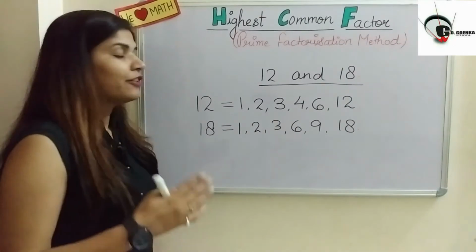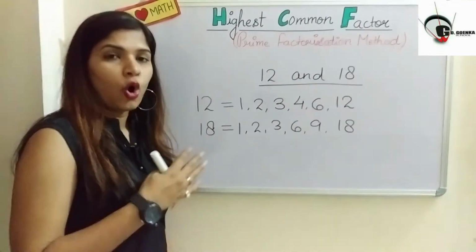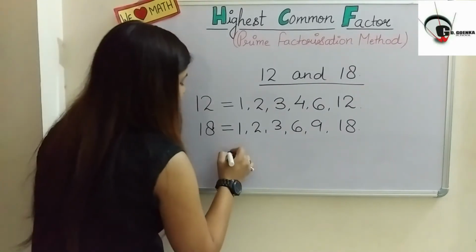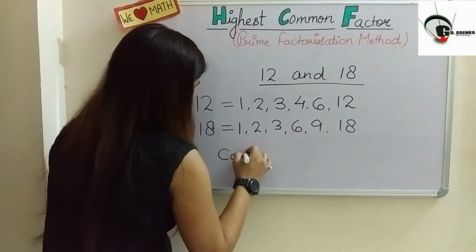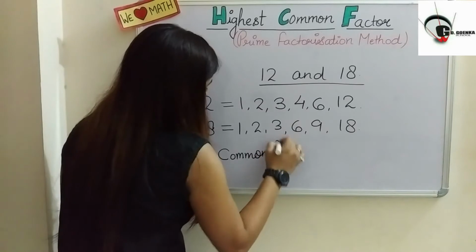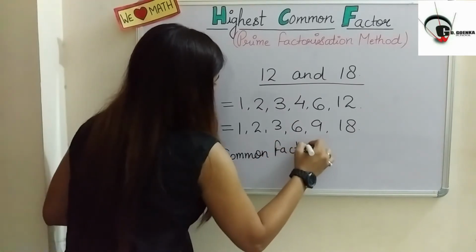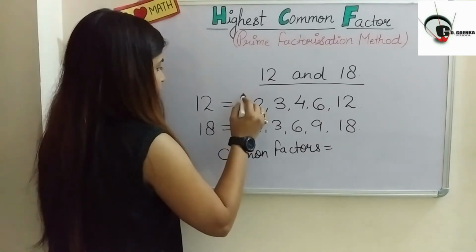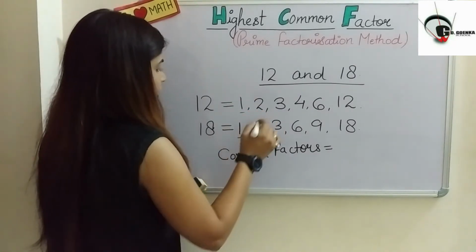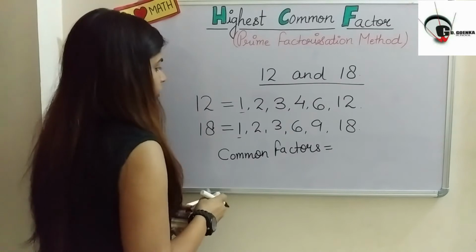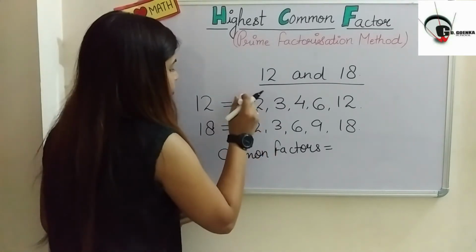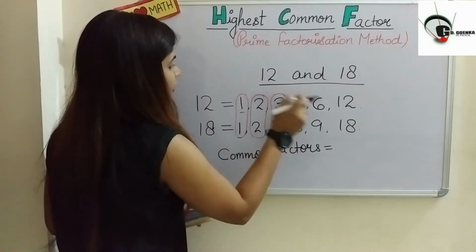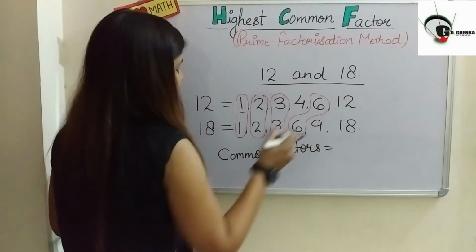So in this method we have to write down all the factors of both the numbers. Now we need to find out the common factors, that means which are common in both the numbers. 1 is common in both, 2 is common, 3 is common, and then 6 is common.